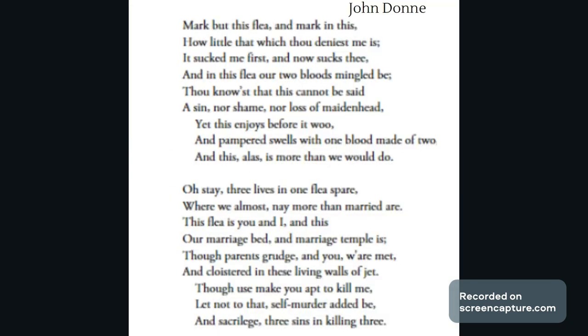Here we have an example by John Donne, and the poem is called "The Flea."